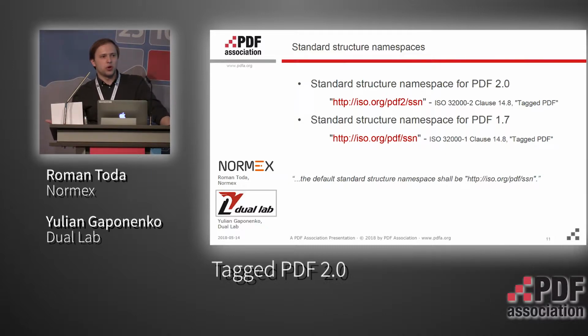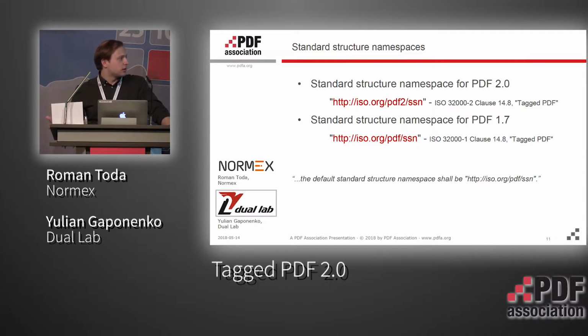So in the PDF 2.0 specification, there are two namespaces that are called standard and that contain standard structure types. The first one is which I've already named on the previous slide, and it contains tags about which Roman talked, and that are defined in the tagged PDF clause in the new specification.